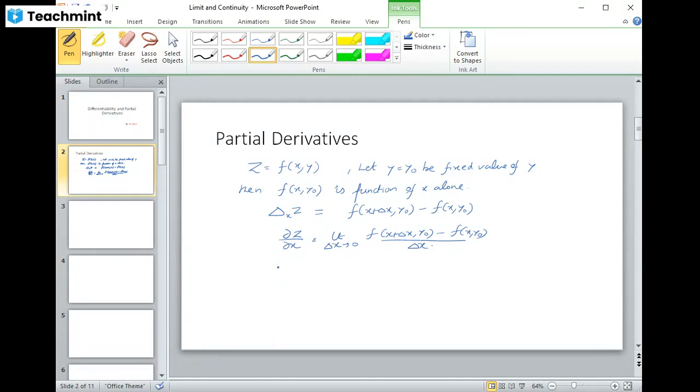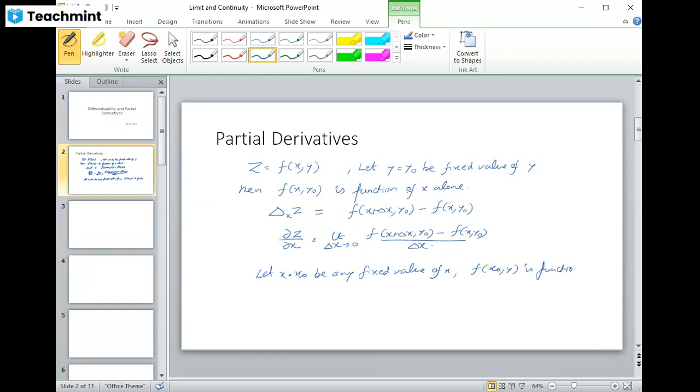Similarly, if we consider x equal to x naught to be any fixed value of x, then f of x naught, y is a function of y alone.